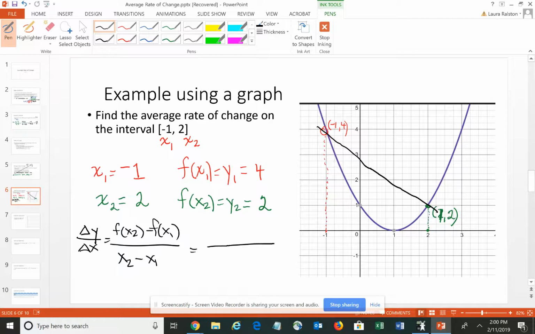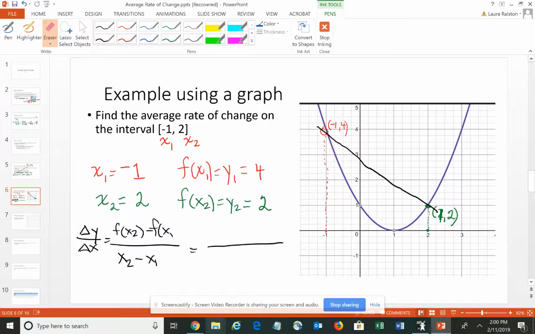And I've found those points using my graph, and so I'm going to plug in. So I would have 4 minus 2 over 2 minus a -1. Oops, sorry, I got it backwards. Got to put them in the right order. Let's see, let me get it right here, guys.